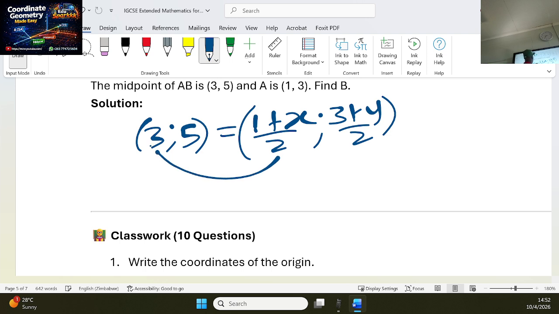So it's 2 times 3, that's 6, and 1 plus x. So the second point B will have the x coordinate of 5. So that 5 plus 1 is 6 over 3, then for the second one it will be 2 times 5, that's 10. 10 minus 3, 7. So the other one will be 7.